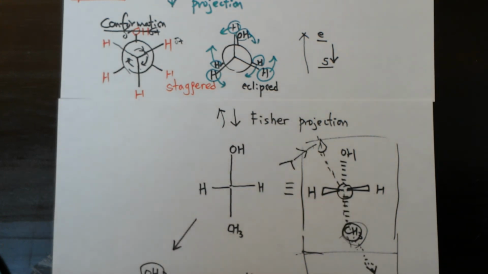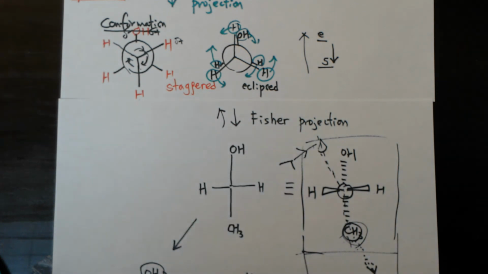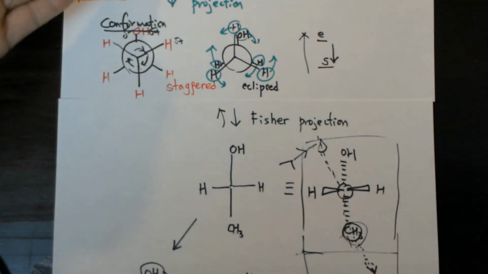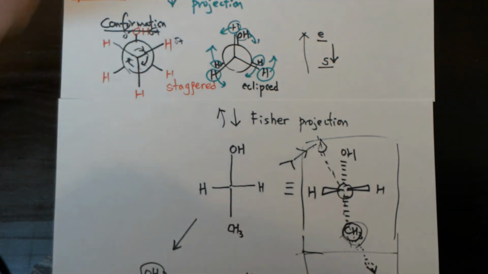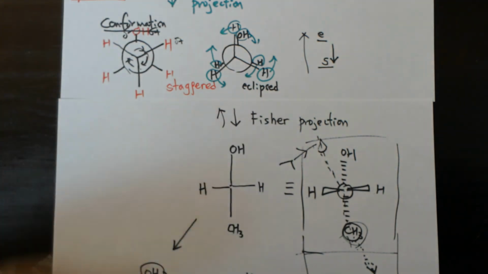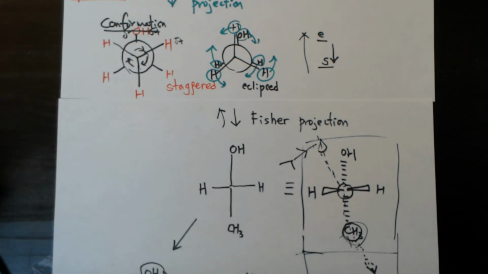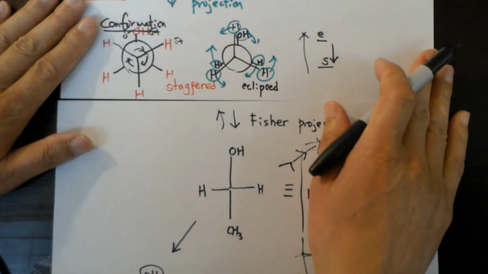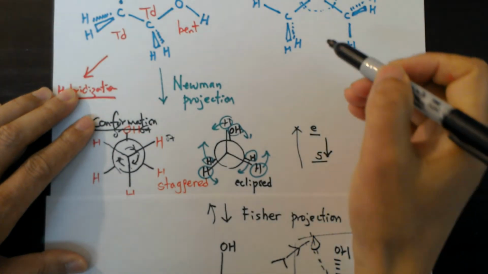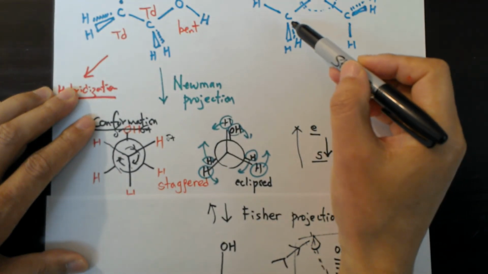So we have Lewis structure, then condensed line and angle drawing, then you have Newman projection and Fischer projection. For the last, I have to add one thing. For the line angle drawing, you can omit carbon and hydrogens.